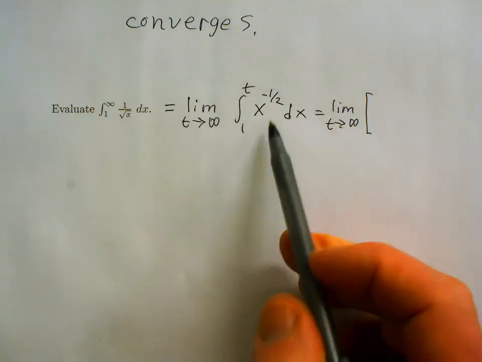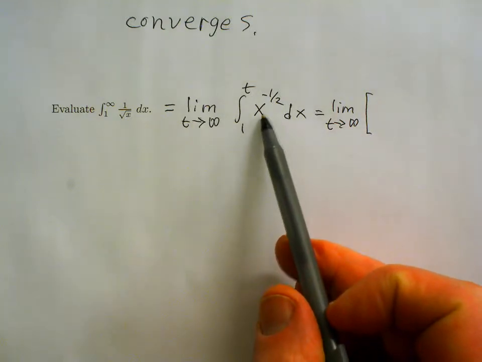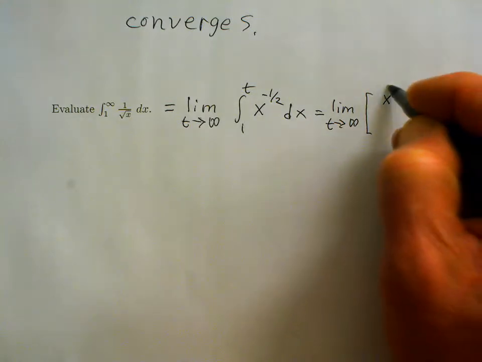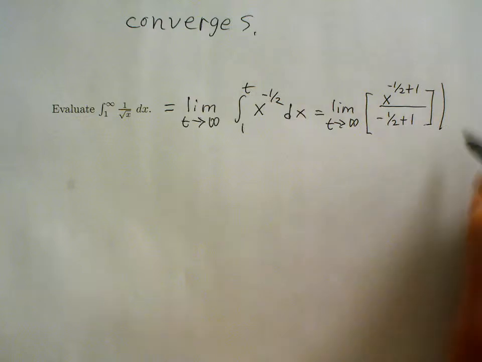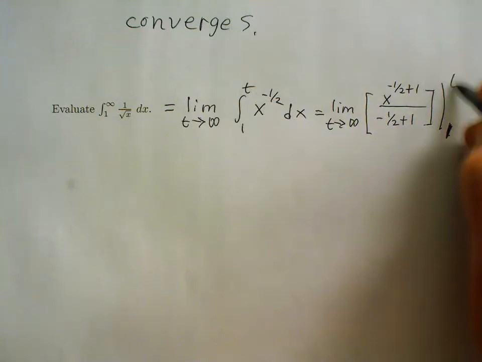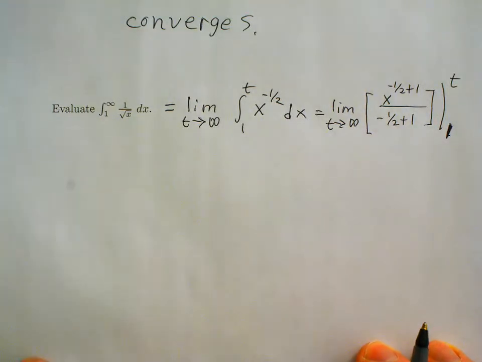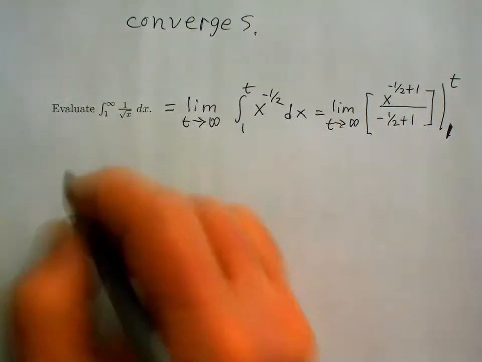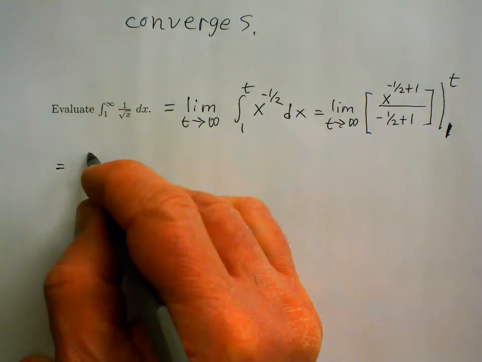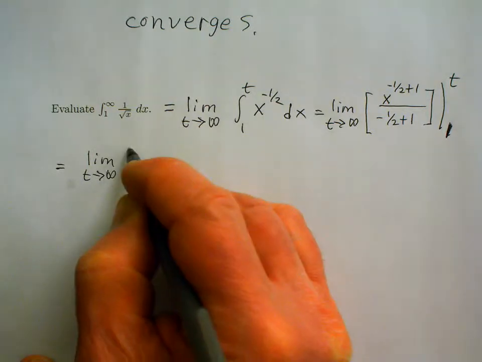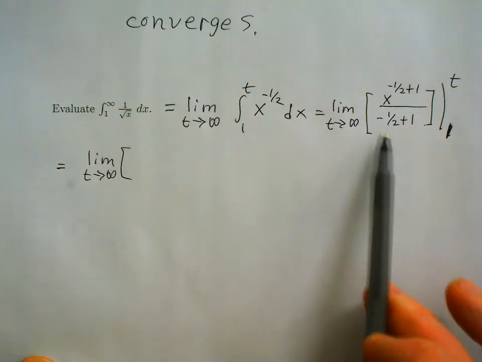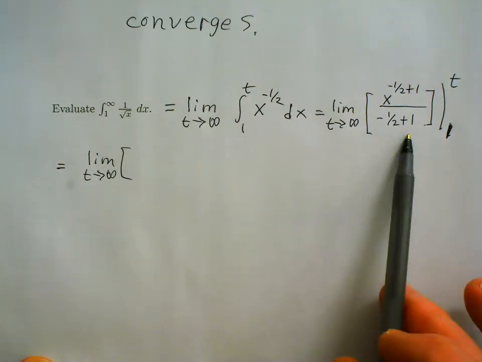So use the antiderivative formula associated with the power rule. We get x to the negative 1/2 plus 1 over negative 1/2 plus 1. Evaluate this from 1 to t. Okay, this denominator, negative 1/2 plus 1, is 1/2.